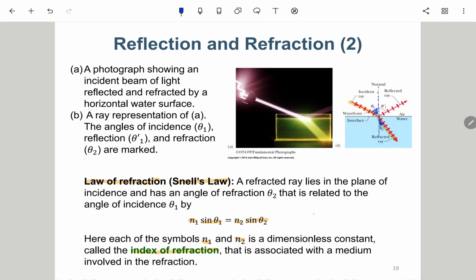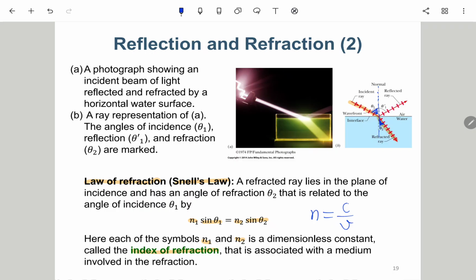Actually this n is c over v, where c is the ultimate speed of light in the vacuum. For other material, the speed of light will be slower, or at most as fast as the speed of light in a vacuum. Most of the time, it will be slower.